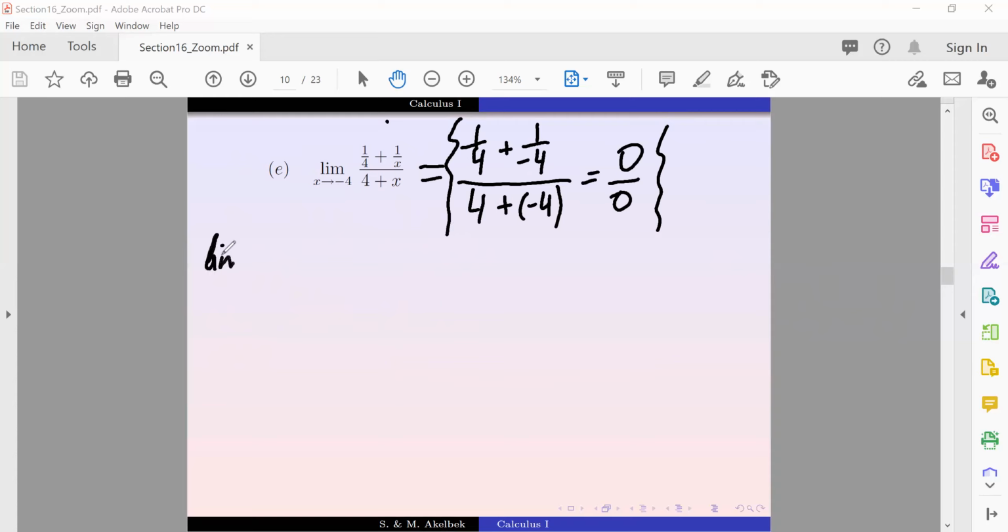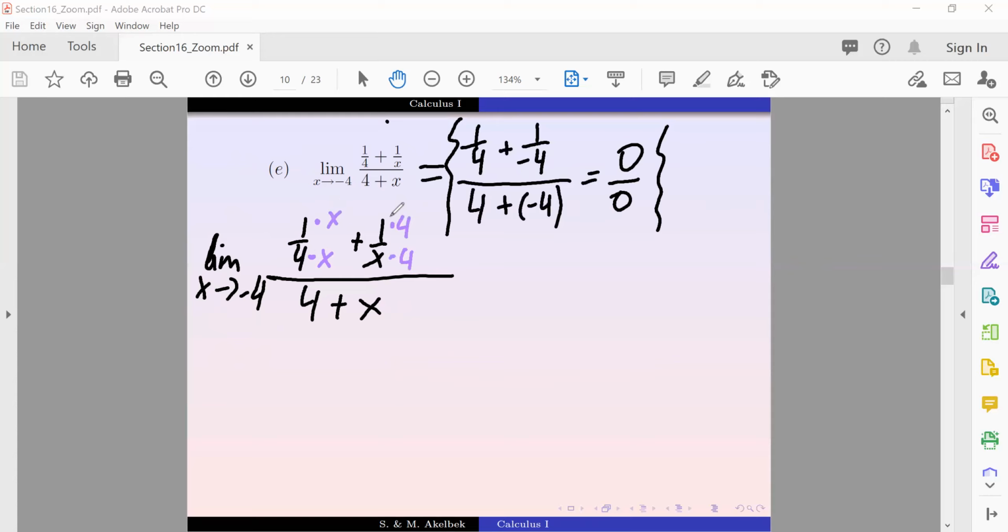Limit as x goes to -4. I'm rewriting this: 1 over 4 plus 1 over x, over 4 plus x. I'm going to find a common denominator on the top. So 4 and x would be 4x. This needs to be times x over x, and this one times 4 over 4.